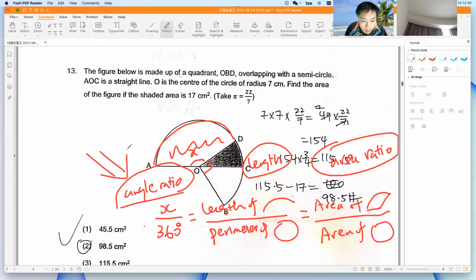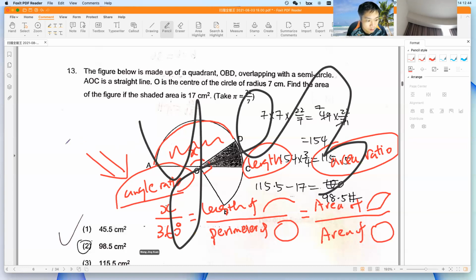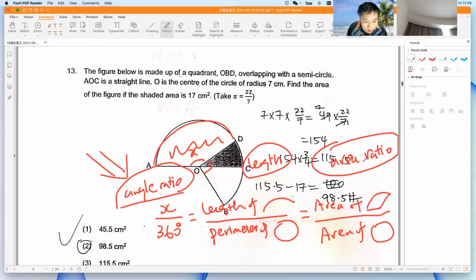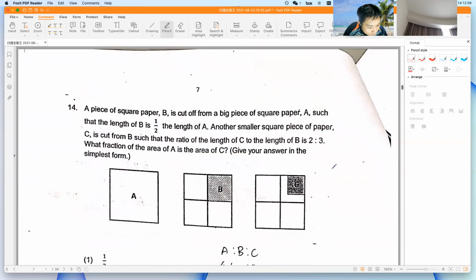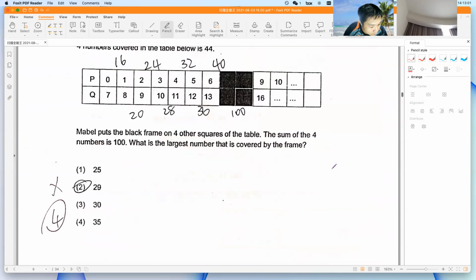Do you know what I'm talking about? Can you remember this? That's good. Angle ratio is equal to the length ratio is also equal to the area ratio. You might need to use this concept next time as well. Okay. Question 14. Good.